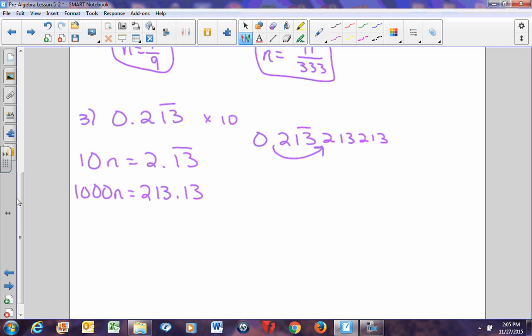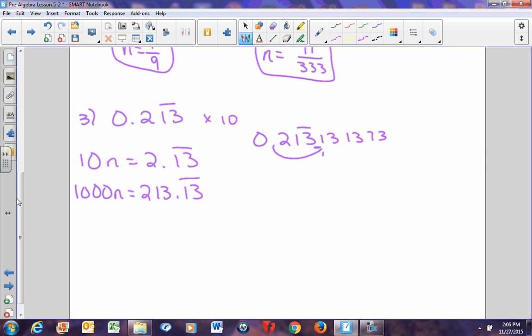It's not 213 repeating, it's just 1, 3 repeating. So I now have 10n equals 2.13 repeating, and 1,000n equals 213.13 repeating.